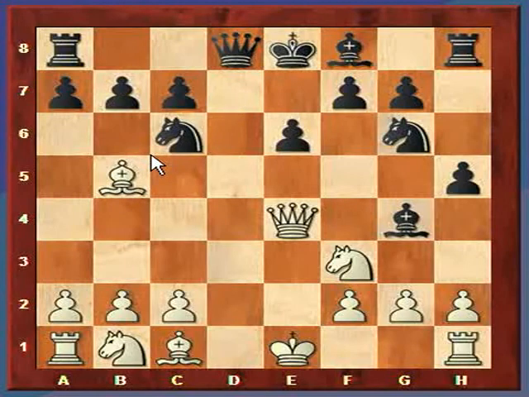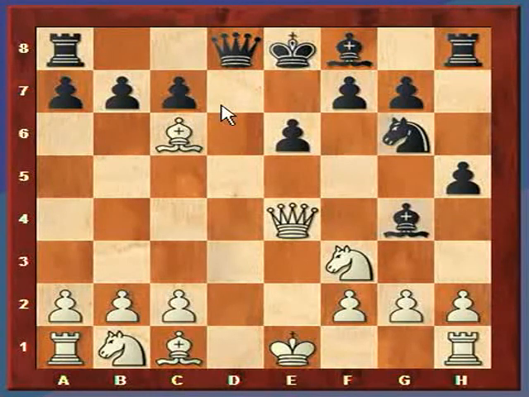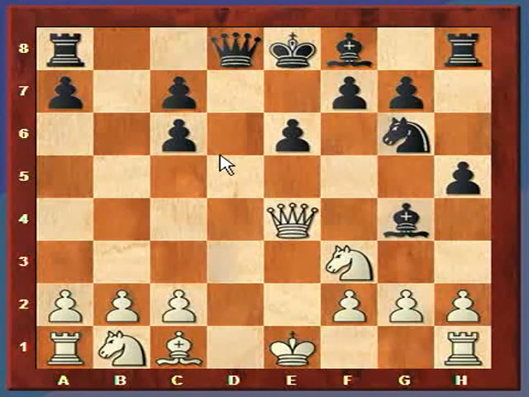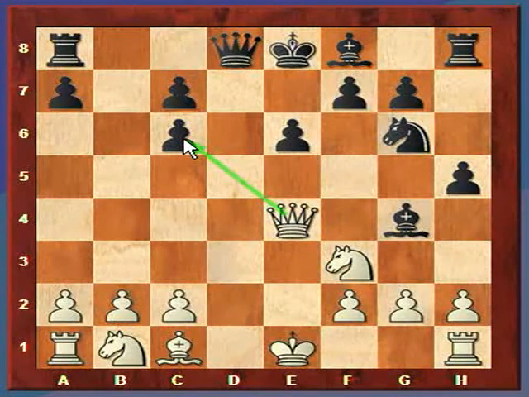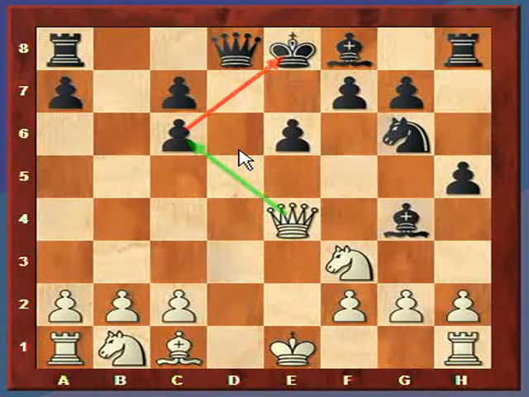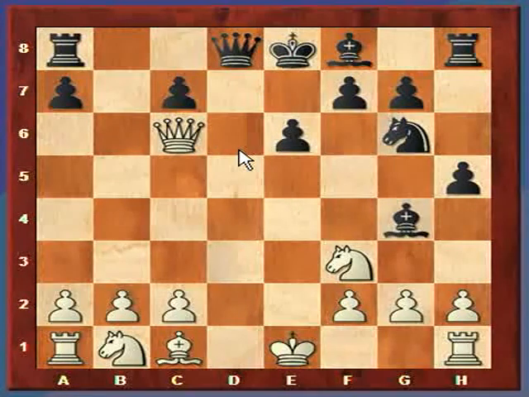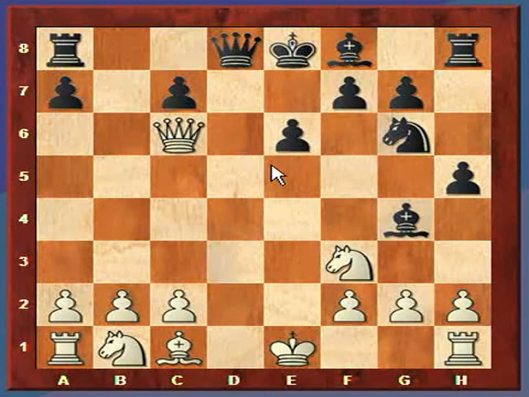That was actually covered in a previous lecture. All we do is take the knight with check. Black recaptures, and now we just capture this pawn with the queen, and it's nice because we end up giving check at the same time. So that's how we can use the pin to win this pawn right here.